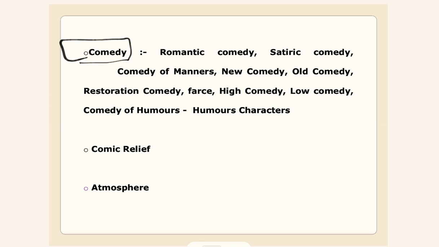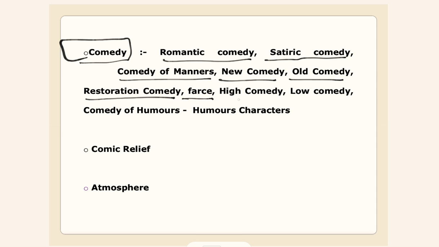Comedy. So let's see what are the important terms and types in comedy. Romantic comedy, satiric comedy, comedy of manners, new comedy, old comedy, restoration comedy, farce, high comedy, low comedy, comedy of humors, comedy of humorous characters.